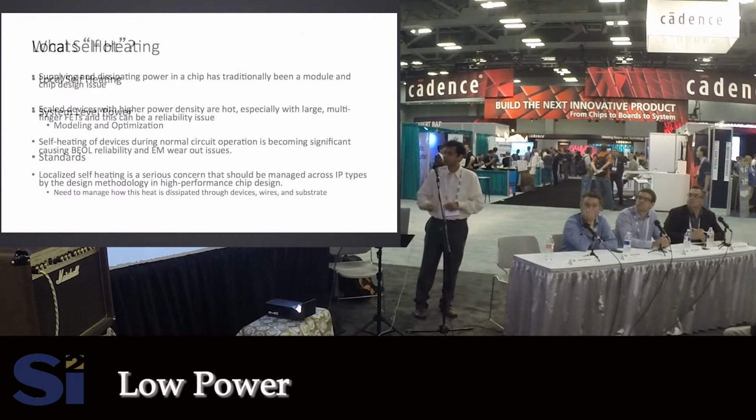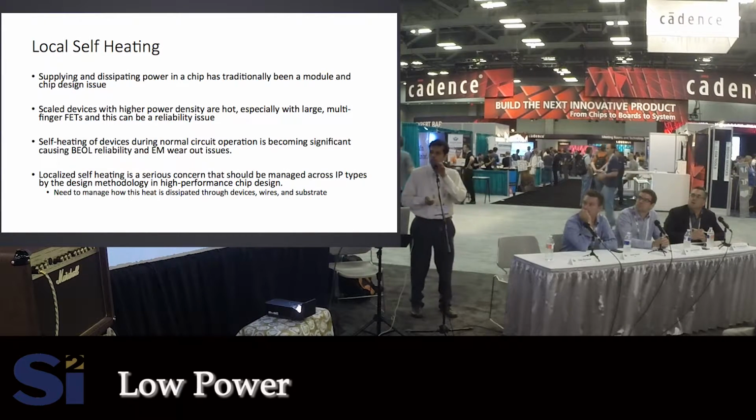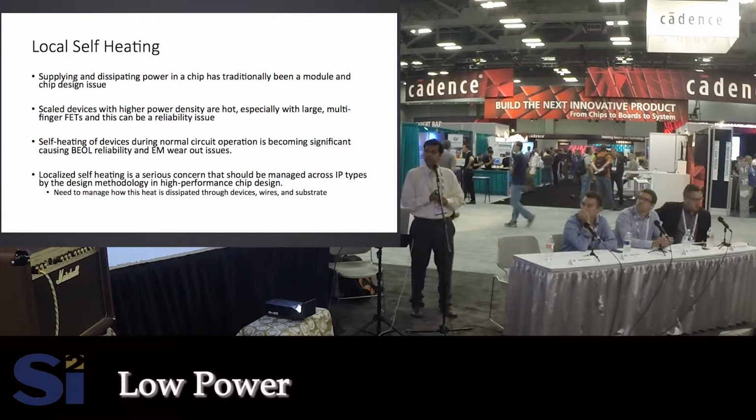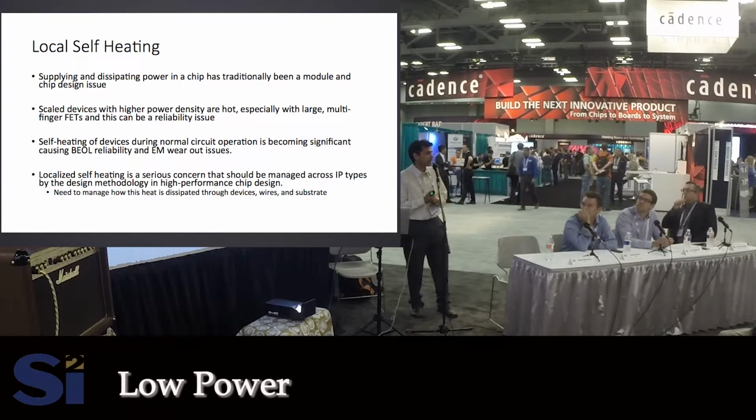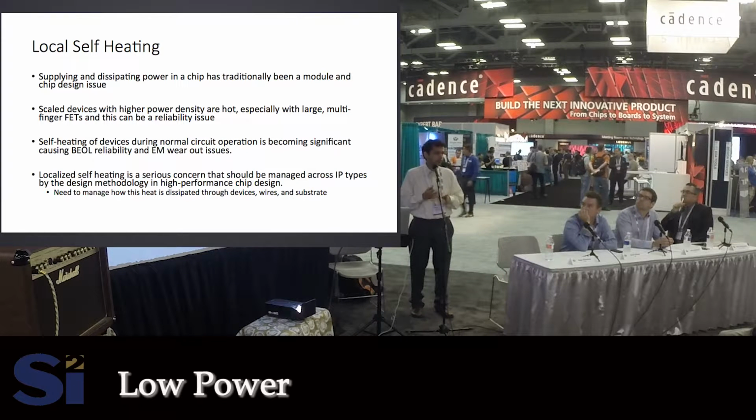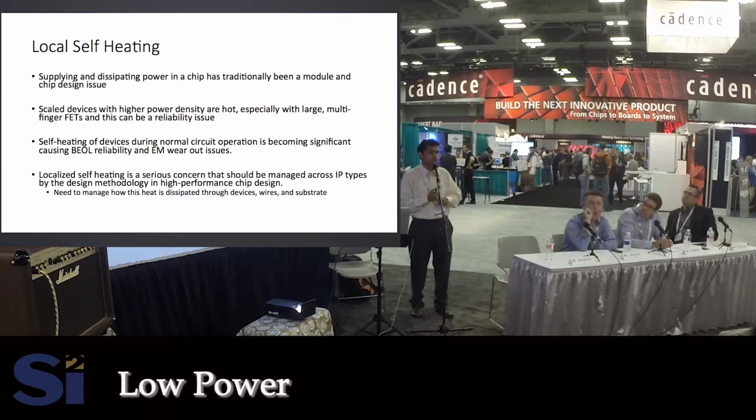So local self-heating, right? Traditionally, the thermal dissipation has mainly been a chip and chip design module kind of issue. But with scaling, we are finding that device-level self-heating is becoming very significant.